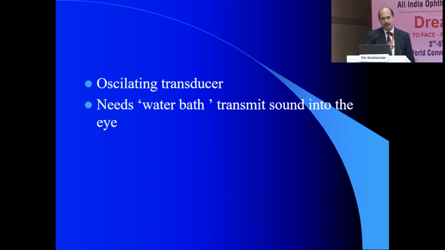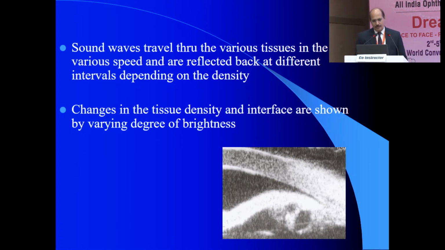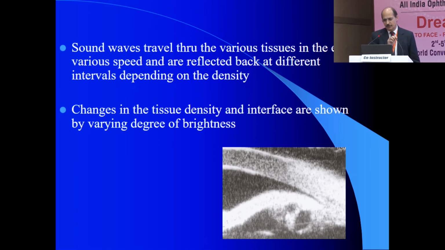So for UBM you will invariably need a water bath technique, so that the reflections from the interface are minimized. As the sound wave travels to tissue depth, you can create these images, and changes in the tissue density at the interfaces are shown in various degrees of brightness. This is how you reconstruct that image.